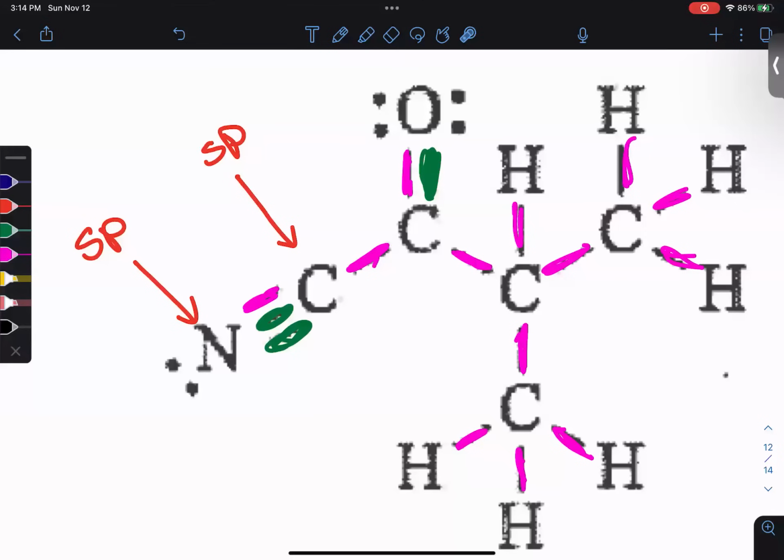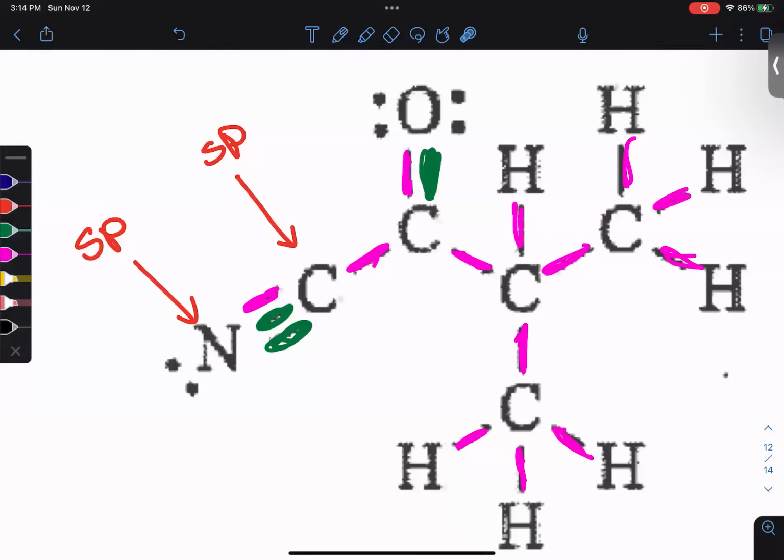What if I asked you, how many pi interactions are in this triple bond? 2. What if I asked you, how many unhybridized p orbitals do you need to make that triple bond? 4, yeah, because 2 p orbitals interact to make a pi bond.